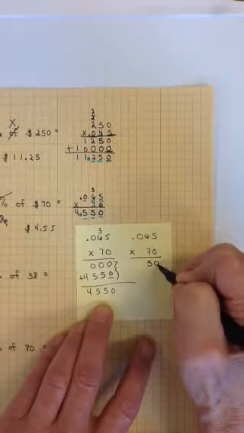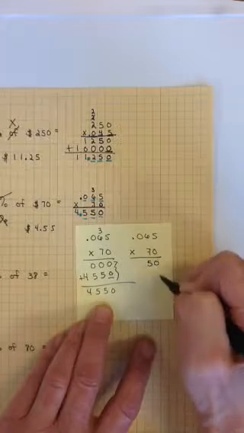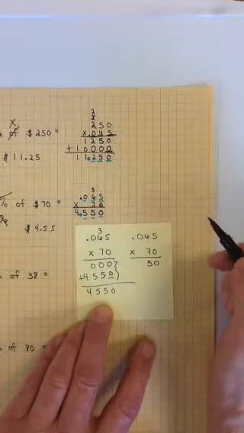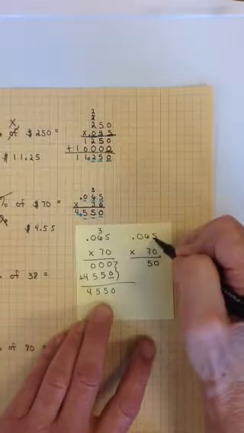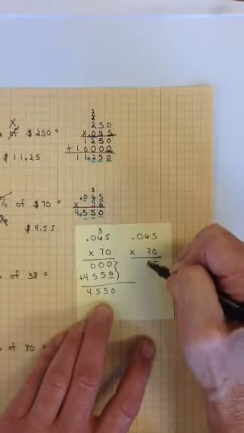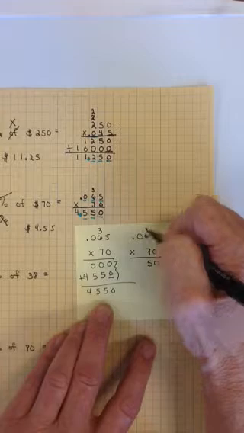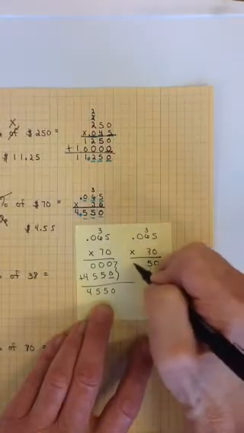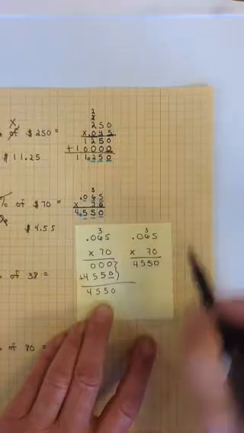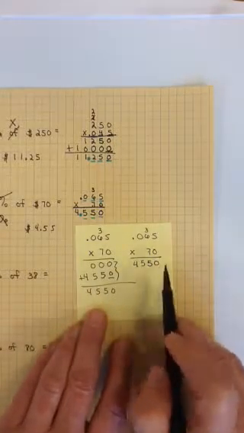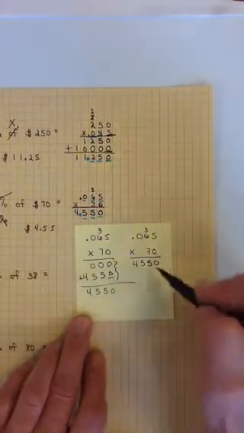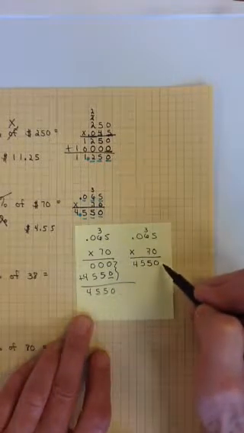And don't bother to fill out this row with zeros and put a 0 placeholder in the second row. I just keep going on the same row. 7 times 5 is 35. I put down the 5, I carry the 3 over the 6, and then 7 times 6 is 42, plus 3 more is 45. And there's my 4550, just as I get a 4550 over here, but I get it using this shortcut.